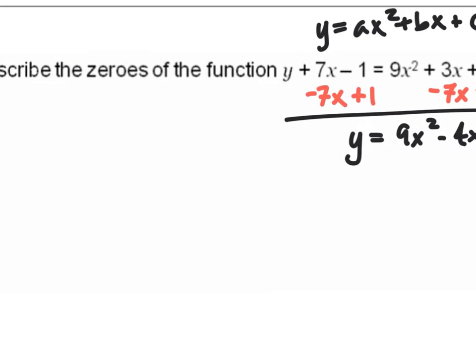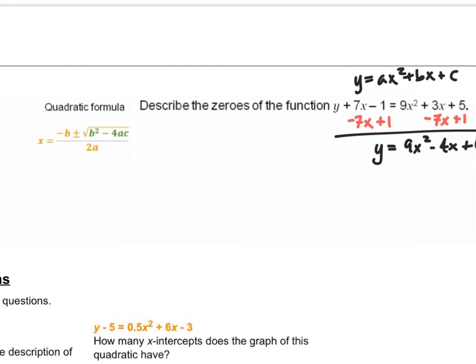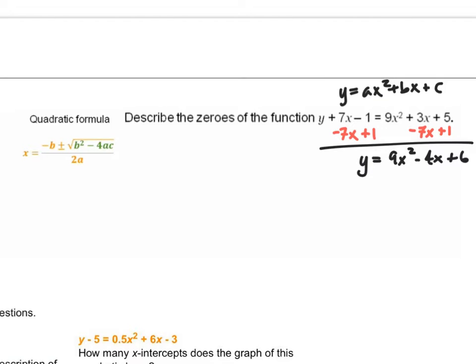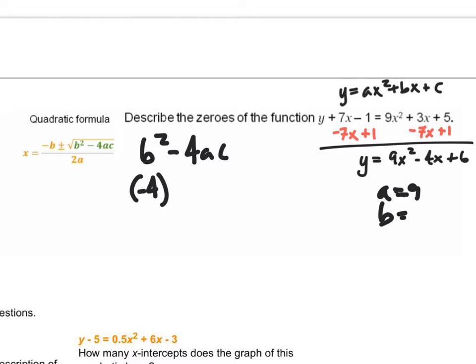We don't want to know what the zeros of that function are. We just want to know what kind of solutions we're going to have. So I'm going to find out what b squared minus 4ac is. Here we've got a is equal to 9, b is equal to negative 4, and c is equal to 6.